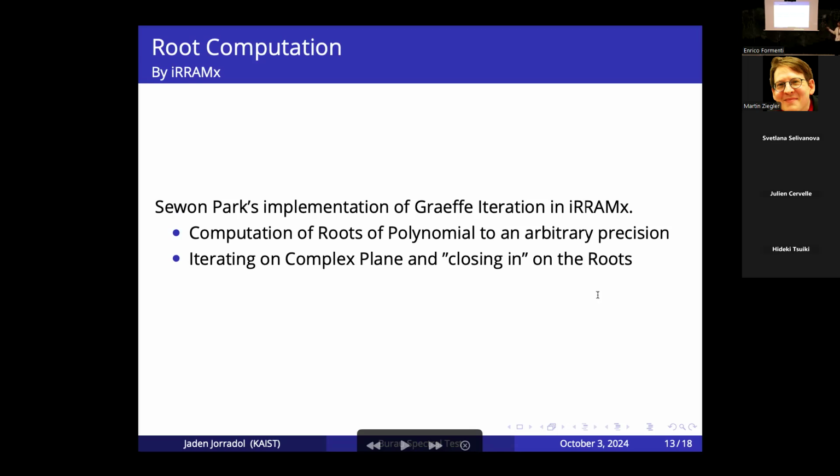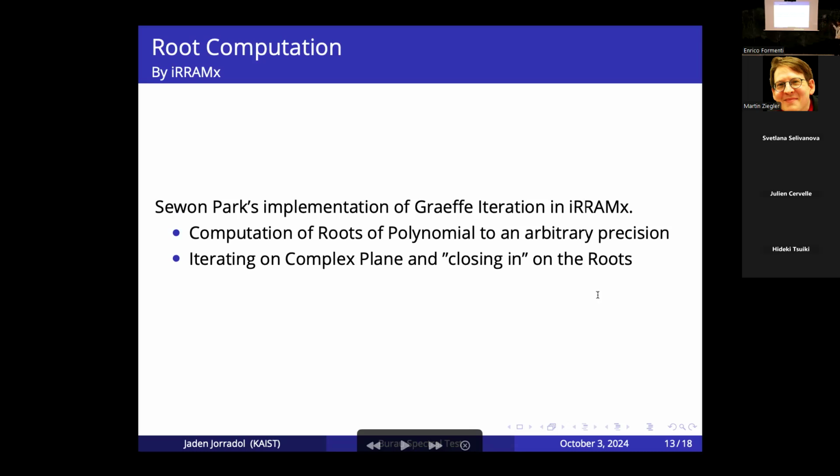So the root of the polynomial can be found by using the technique of graph iteration, which is, at first, the root of the polynomial is unknown, right?